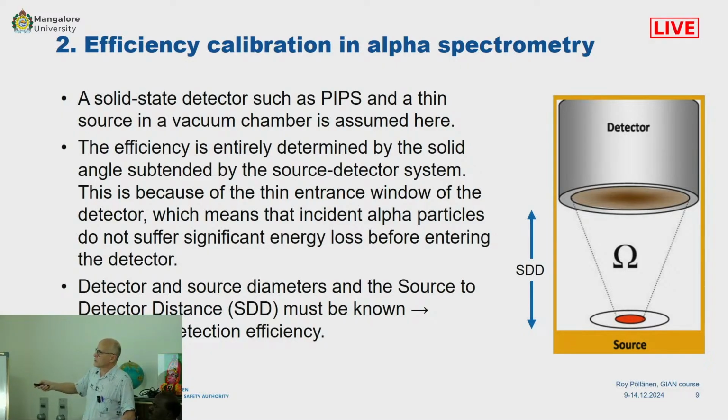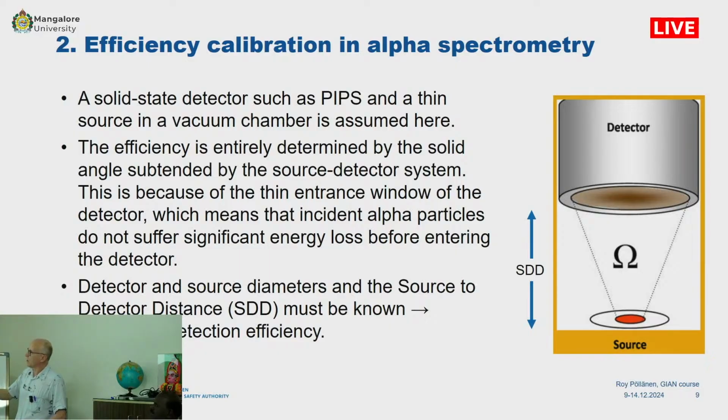So the assumption is that there is no big energy loss in the dead layer or in the source. So I mean that alphas are not stopped in the source itself, for example. So in case of this calculation, you have to know only detector and source diameters, and of course the source to detector distance, and that's it.